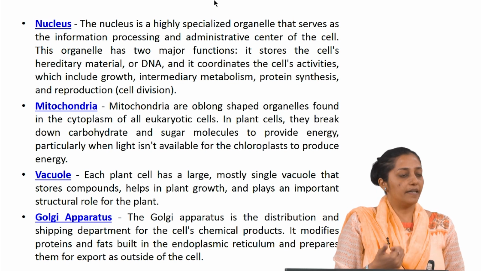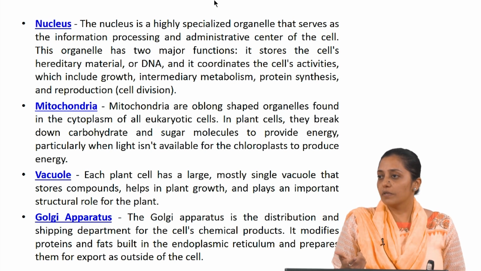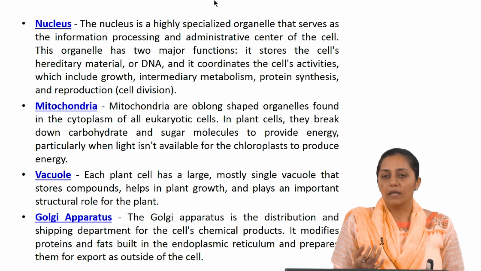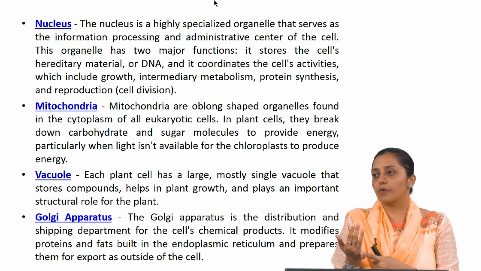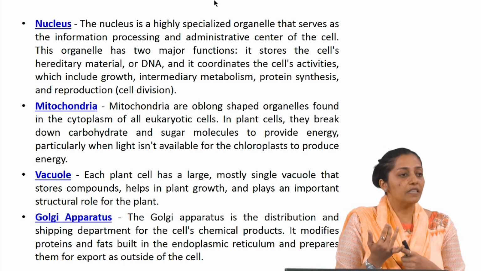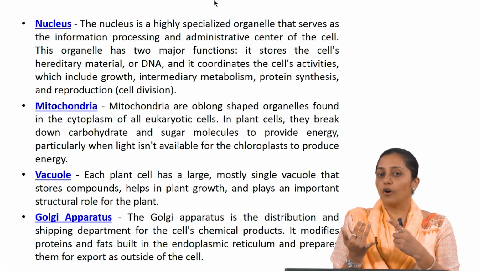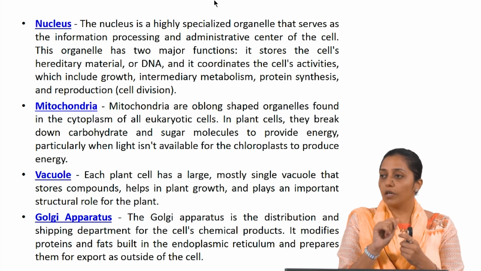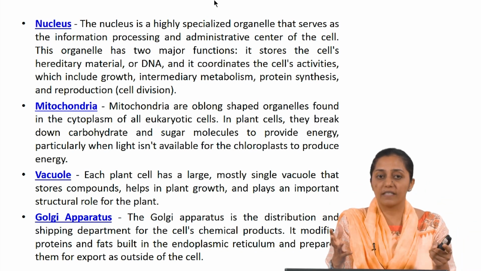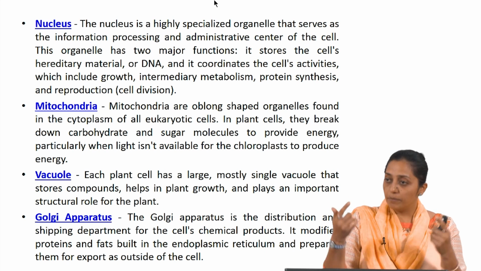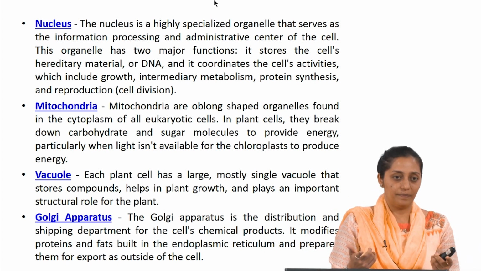Then storing molecules. Generally what kind of molecules? It acts in degrading toxic molecules, degrading waste products, or it even acts as a site for storage of intermediate molecules for higher secondary metabolites, or even those secondary metabolites which can be toxic to the plant cell itself.